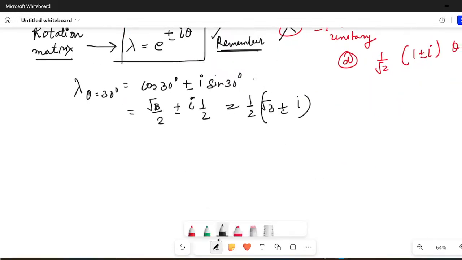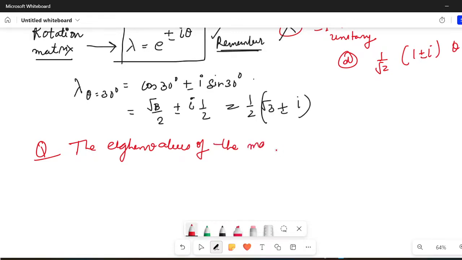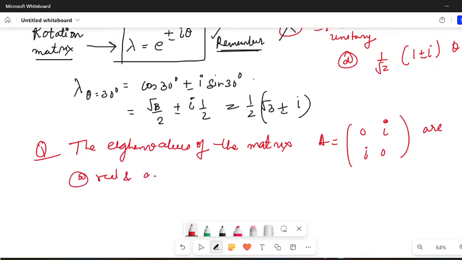Okay. Now let us do another question, and this question is again based on eigenvalues only. The eigenvalues of the matrix A given by 0, iota, and 0 are: Option A, real and distinct.